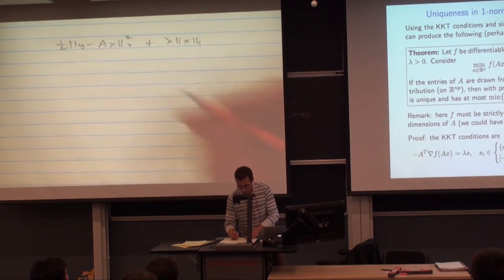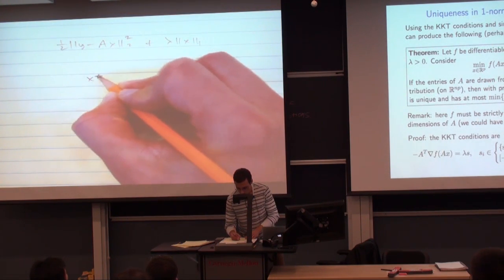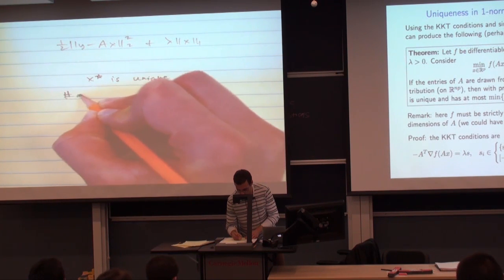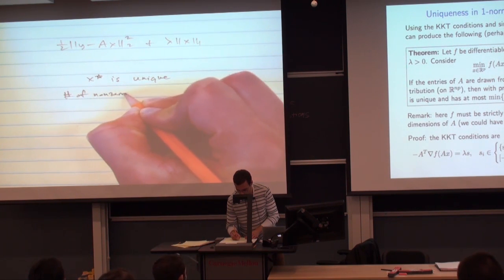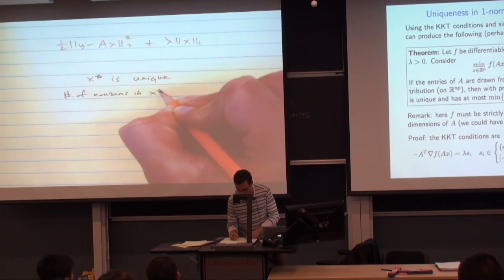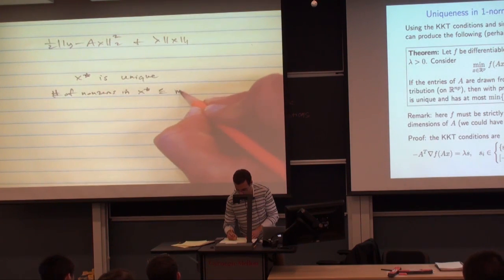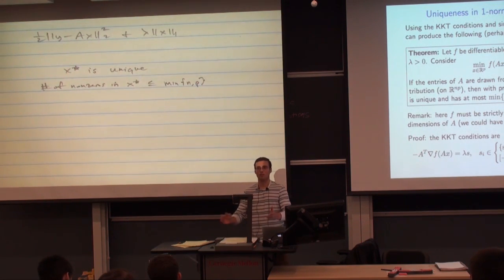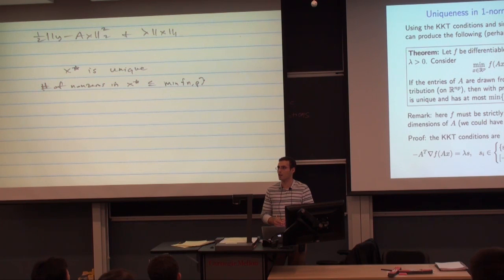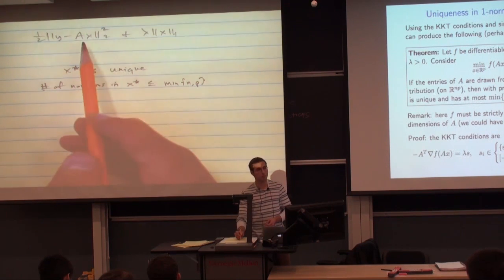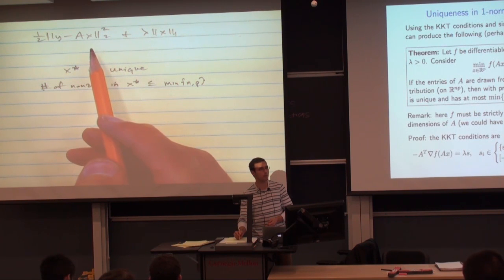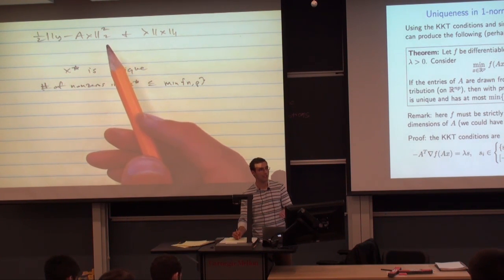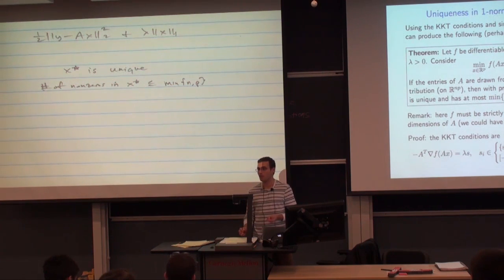So the statement is that x star is unique, and the number of non-zeros in x star is less than or equal to min(n, p). So for example, in our thought experiment, if p was 1,000 and n was 100, when I solve this problem, as long as my predictor variables are continuous, then with probability 1, I'll have a unique solution, and it'll have at most 100 non-zero components, even if there are 1,000 variables.